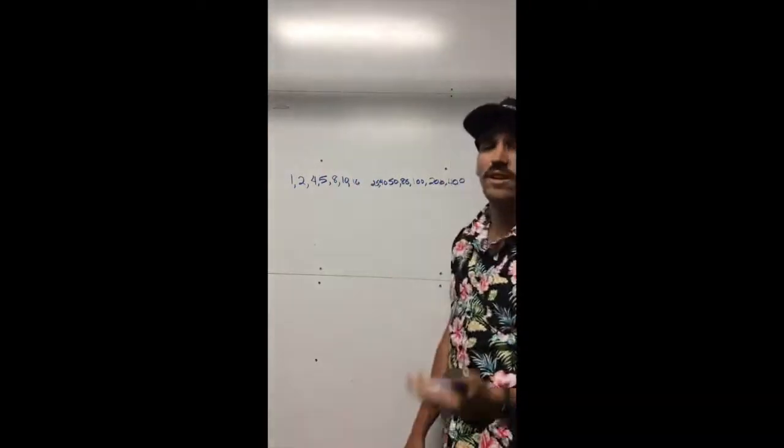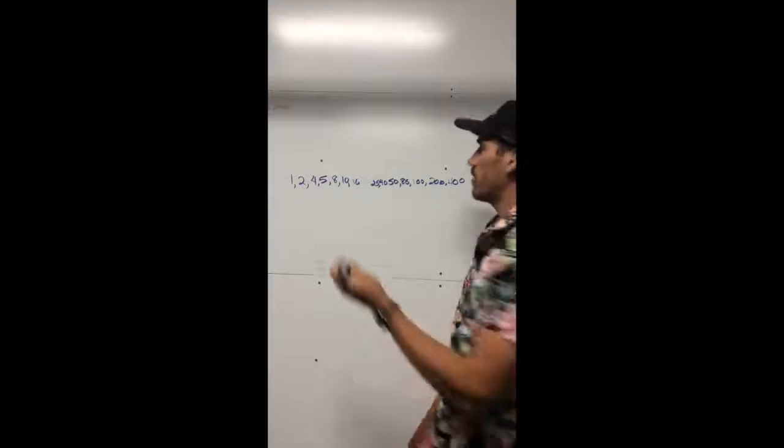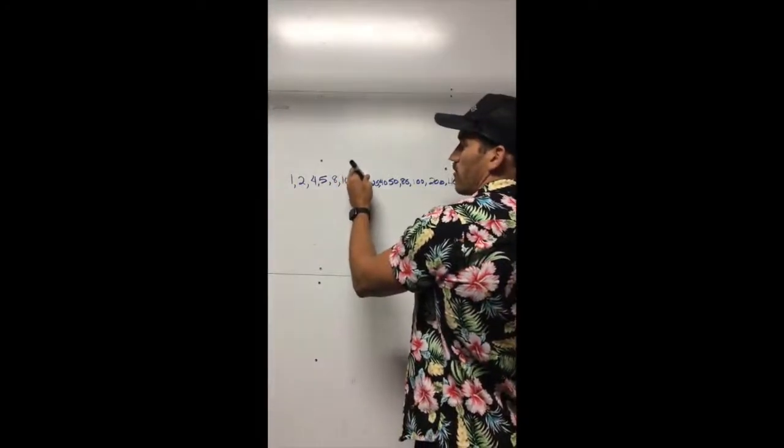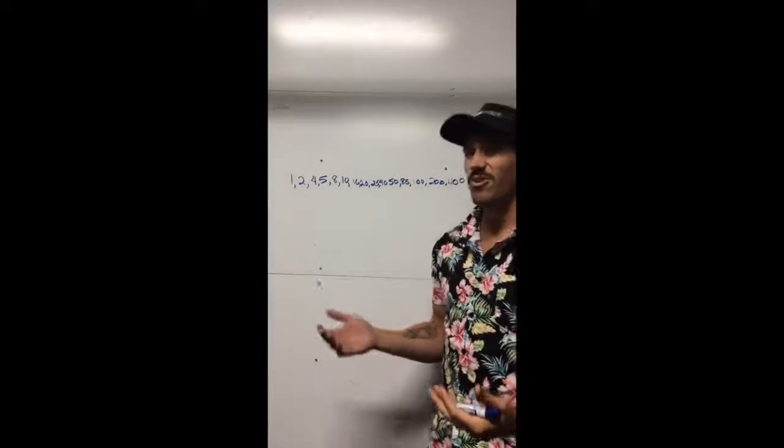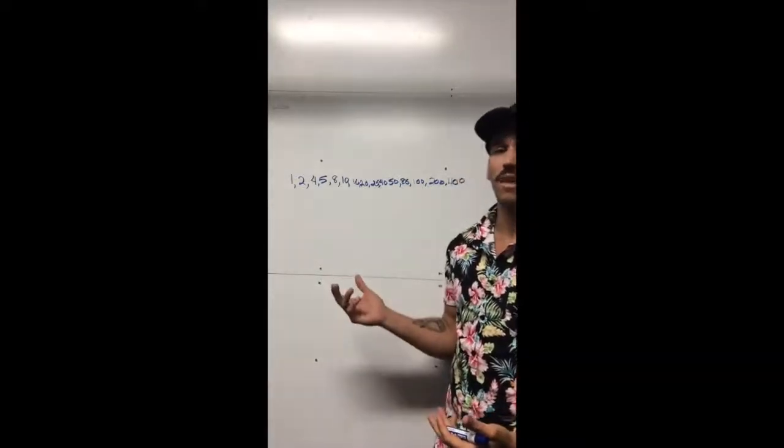And then finally, 20 times 20. But because that's the same number, I only have to write it one time. Here are all the possible factors or combinations to make that 400.